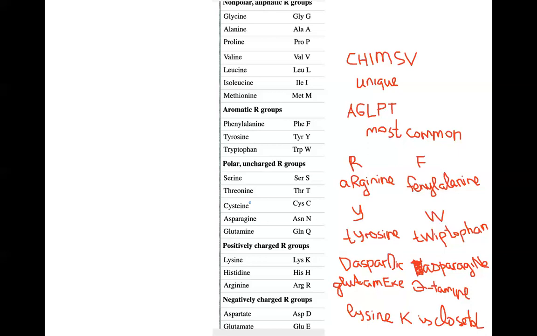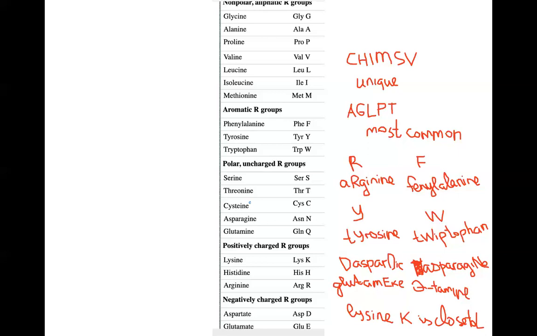Is there a reason that those ones are grouped like that, or is it just they were the ones that got left out and were the harder ones to find one-letter abbreviations for? Yeah, I guess so. I guess the first 6 were the easiest ones because they were unique.